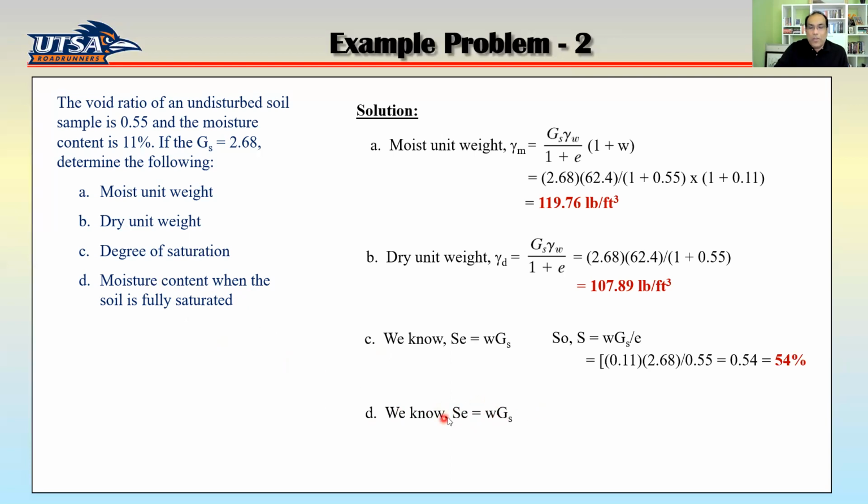If you plug those values here, you get w equal to e divided by Gs. So that's actually 20.5%.